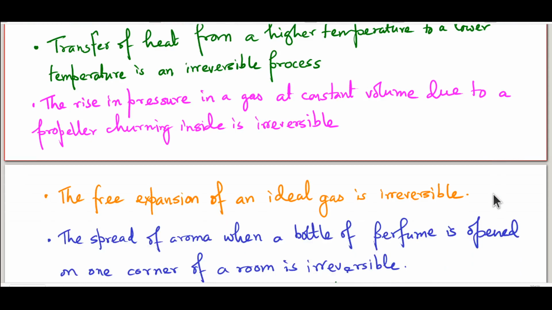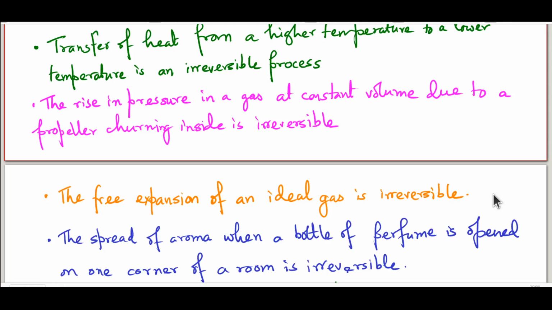The spread of aroma when a bottle of perfume is opened on one corner of a room is irreversible. By the way, let me just digress a bit and point out that the fact that the aroma spreads so rapidly from one corner of the room to another is often wrongly attributed to diffusion, but diffusion is too slow a process to explain this.